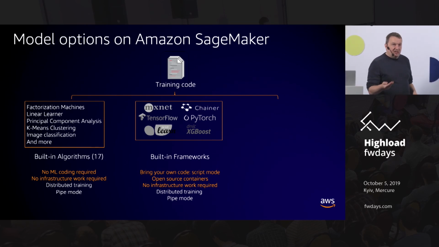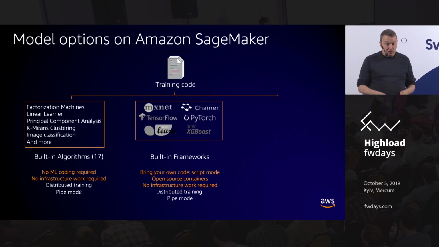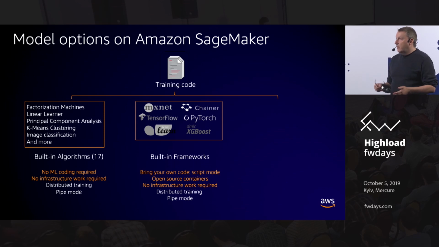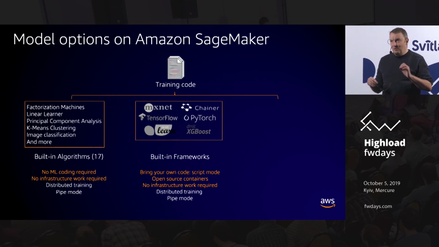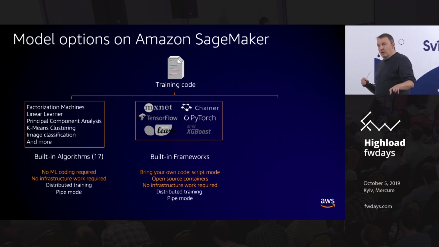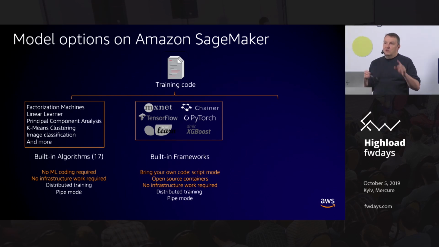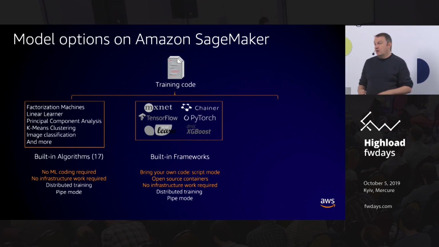Now, if you have existing machine learning code for one of those frameworks, TensorFlow, PyTorch, scikit-learn, etc., then you can take that code and with absolute minimal changes, which I don't have time to explain today, but it's really just a few lines of code, you can run them on those built-in frameworks on SageMaker. So take your TensorFlow code, your Keras code, whatever, throw it at SageMaker, train at scale, deploy at scale.